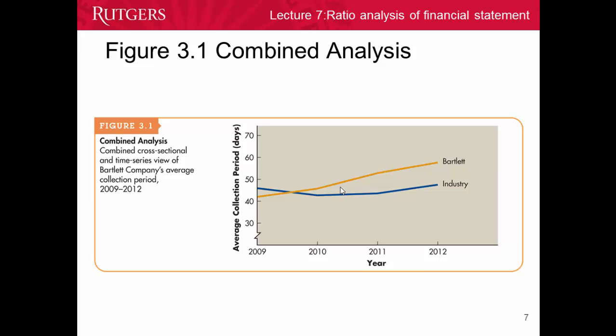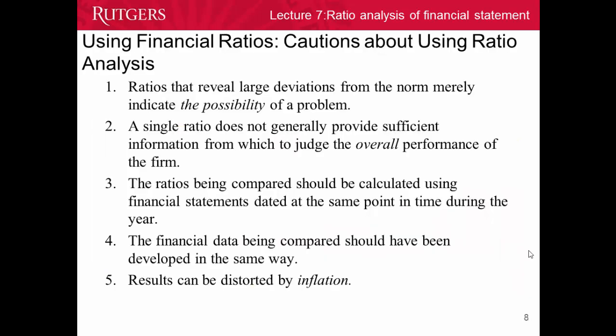For example, we could see that average collection period for Bartlett Company, which is represented in the orange line, is increasing by year, while the industry average for this measure fluctuates a little bit but remains at the same level over different years.